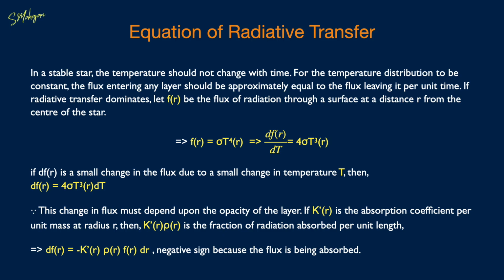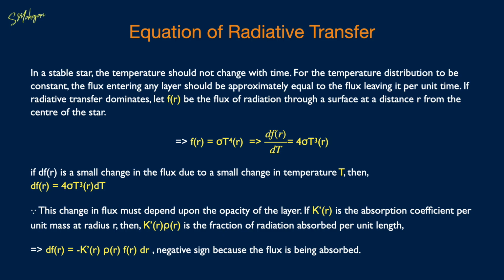Using the Stefan-Boltzmann law, this flux F(r) is sigma T to the power 4, T being the temperature of the star. Differentiating this equation, I get dF by dT equals 4 sigma T cubed, where of course the temperature and the flux are both functions of the radius r.